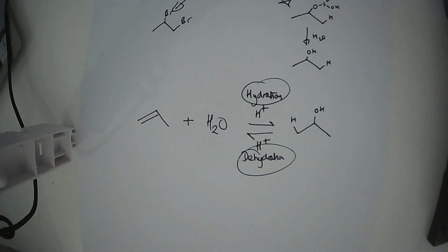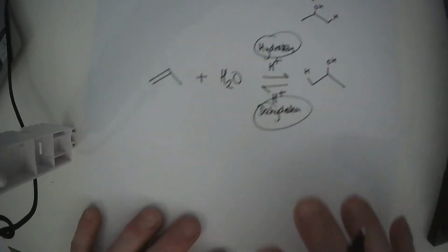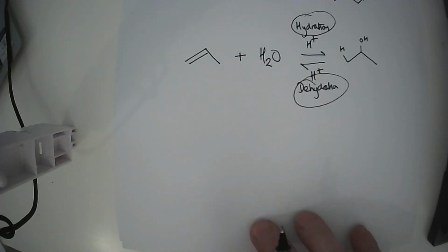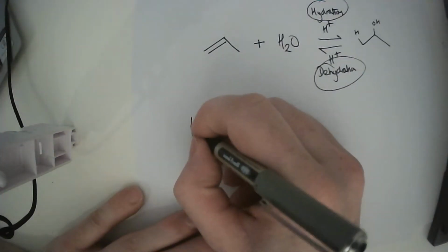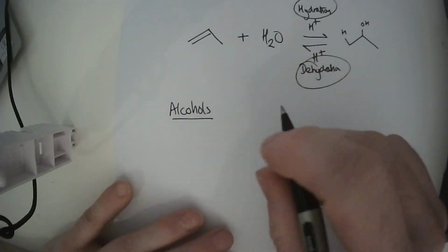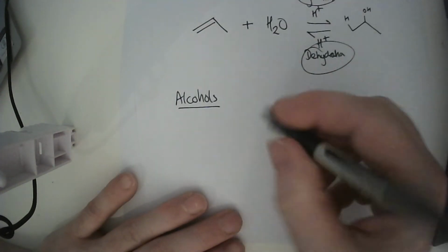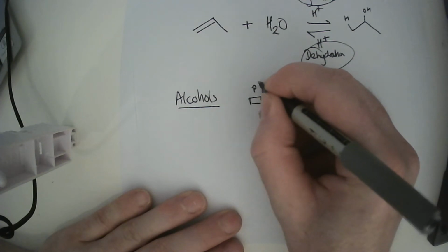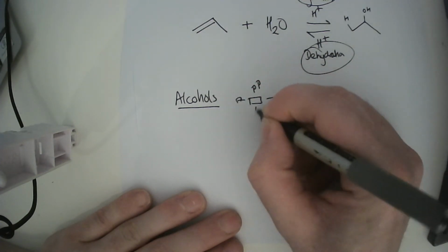Probably about time to draw this to a close now. The very final thing then is, by the end of your organic chemistry, you do a really big topic on alcohols. Remember, we've made alcohols in a few different ways. Let me remind you of the ways that we've made alcohols. So here's that little diagram again. Where have we made alcohols?